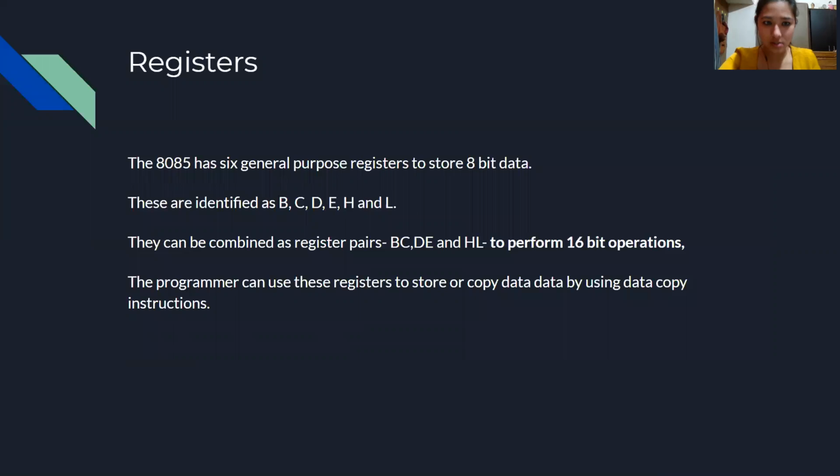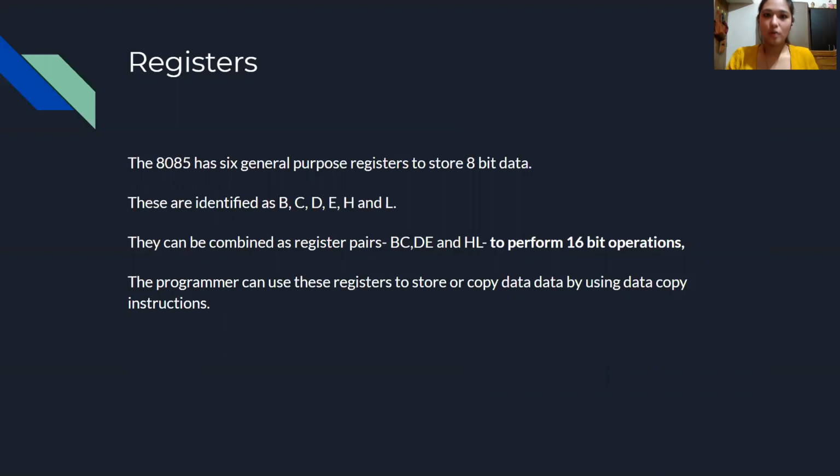So first is the registers. The 8085 microprocessor's programming model gives us 6 general purpose registers, which are 8 bits each. They are named B, C, D, E, H, and L. They are used for storage of instructions being executed, or storage of data.